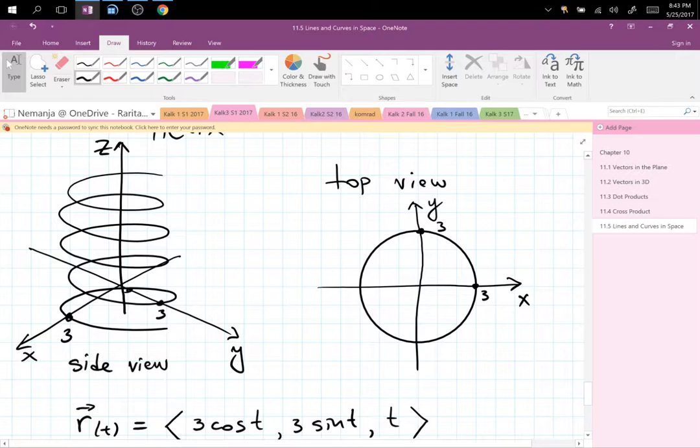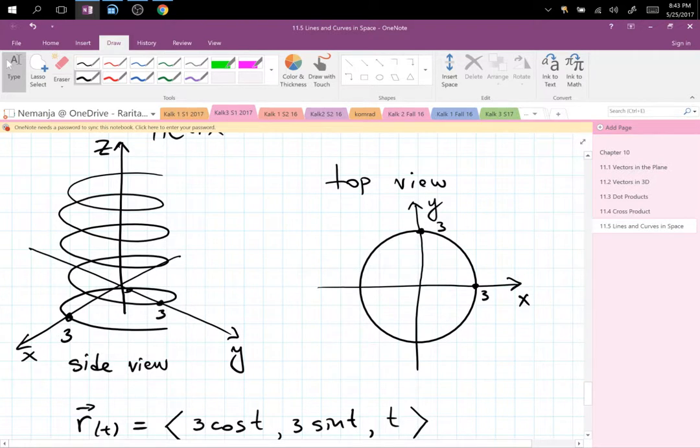As a student, I used to call z, in this case, the special dimension, because x and y together give me a circle, so they're like a pair, and z is the one that is different. We'll see this concept come back later when we talk about 3D shapes.